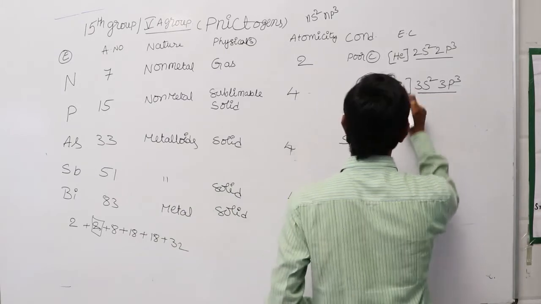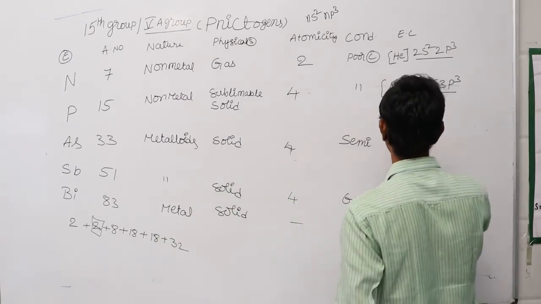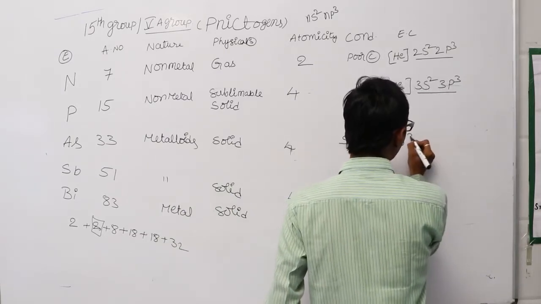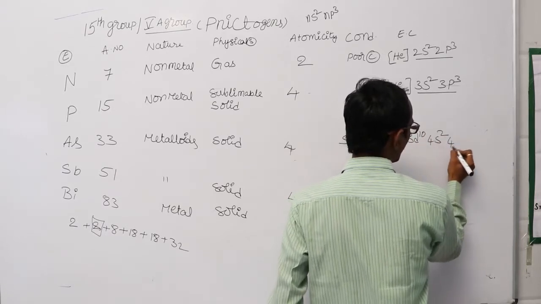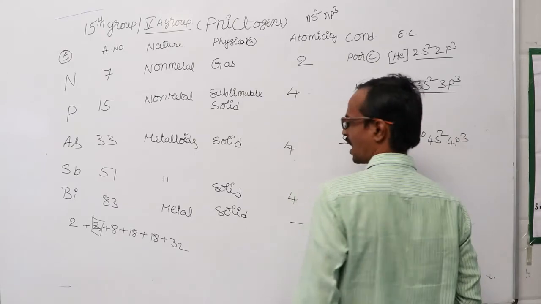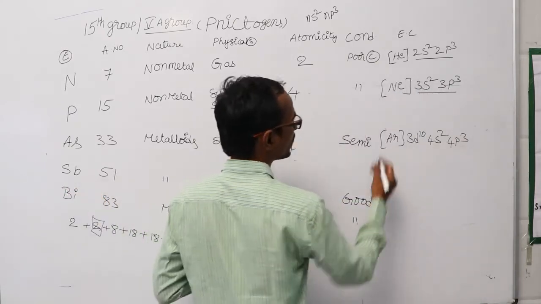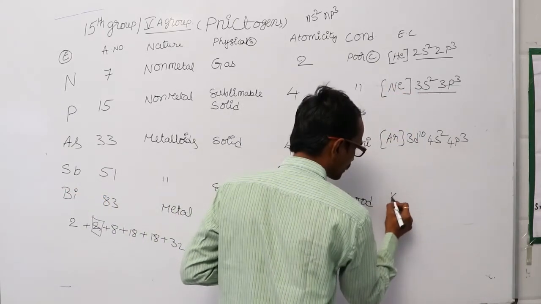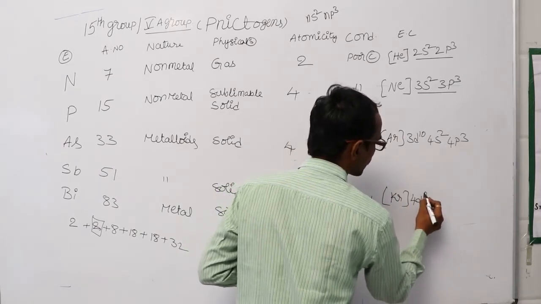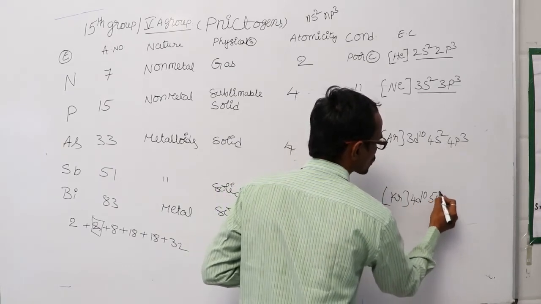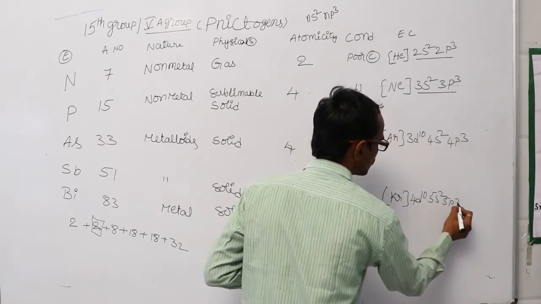Here helium, neon, after that you will get argon, 3d10, 4s2 4p3, right? And next antimony: helium, neon, argon, krypton, 4d10, 5s2 5p3.